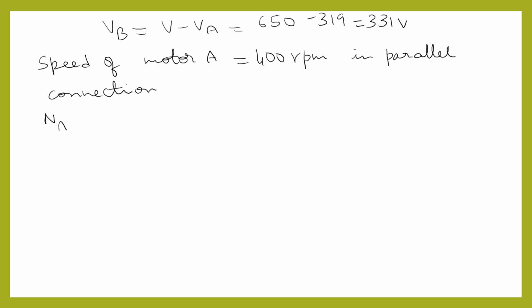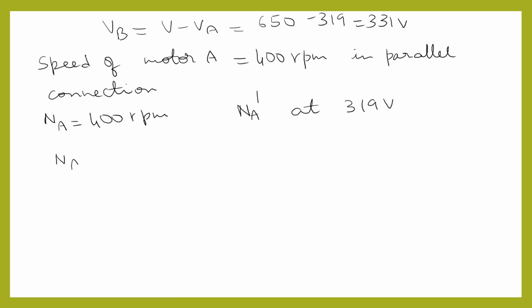Therefore, let Na be 400 rpm and let Na dash be the speed of the motor A when it is connected in series with motor B. This is at 319 volts.